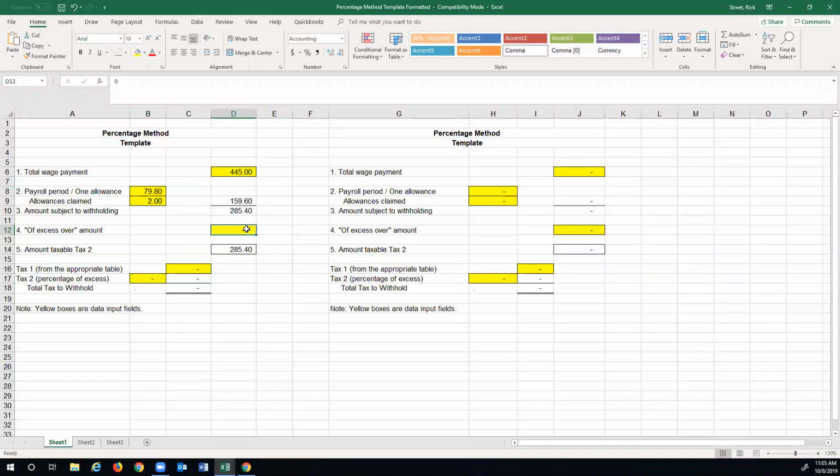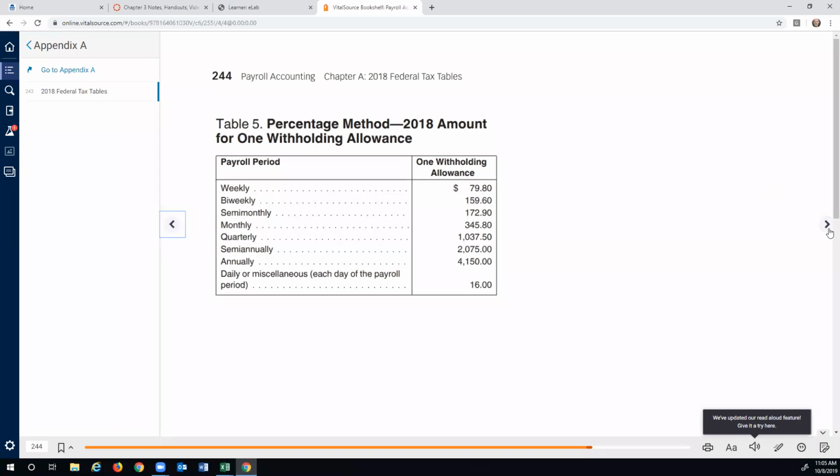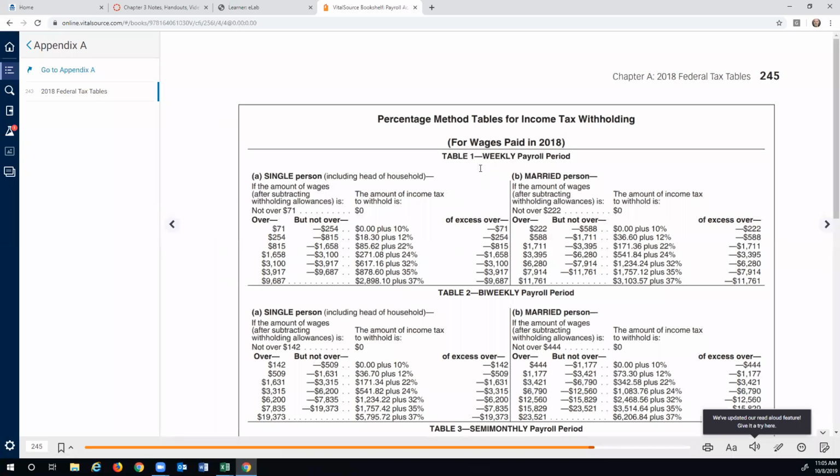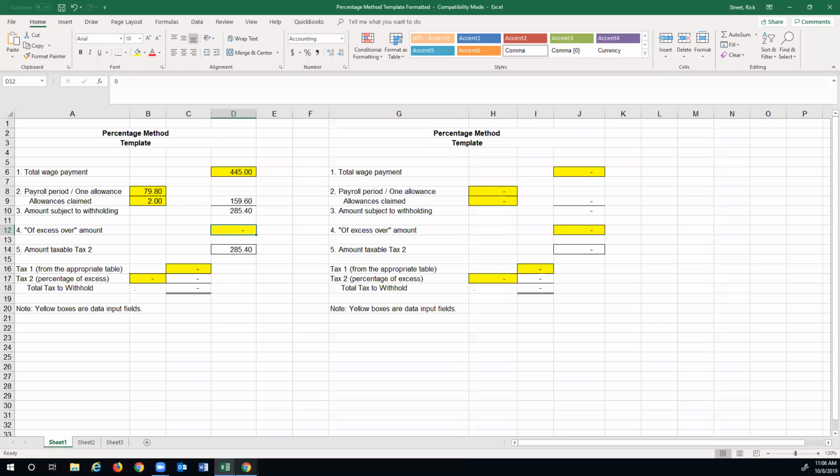So next we have to take a look at the calculation tables. We know it's weekly, so we'll follow this weekly table. We know that they're single, so we'll be over here. So real quick, we're looking for the number 285.40.